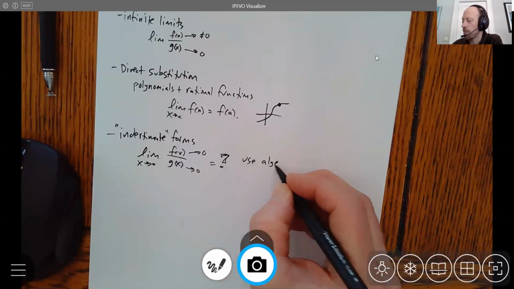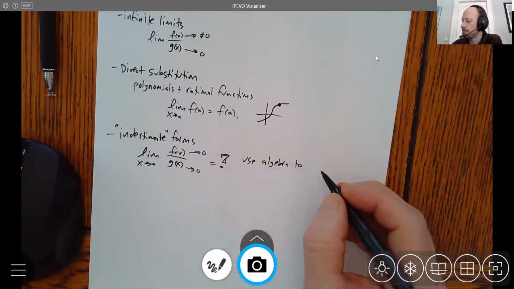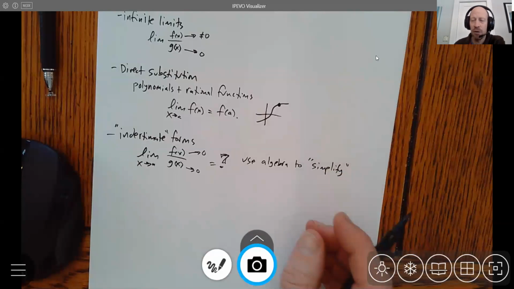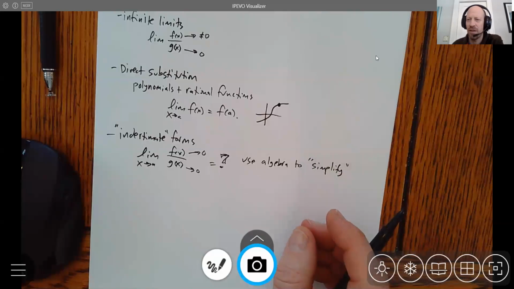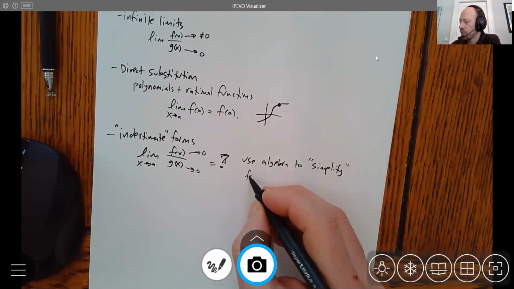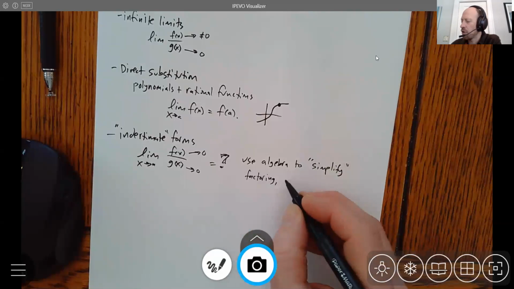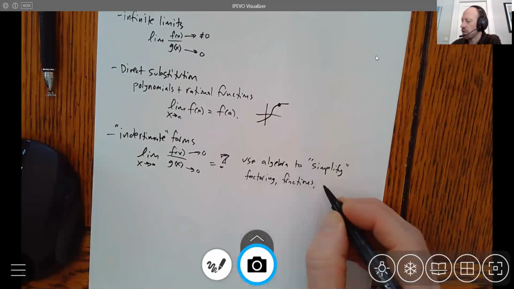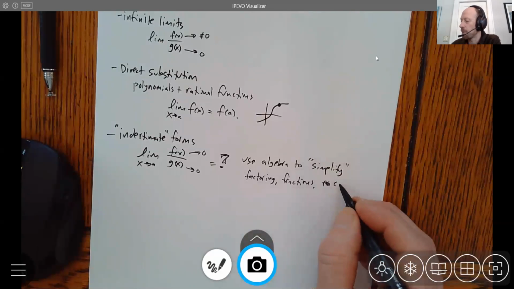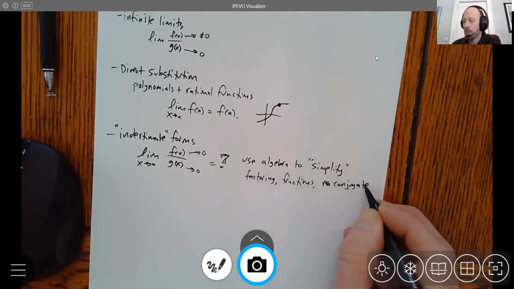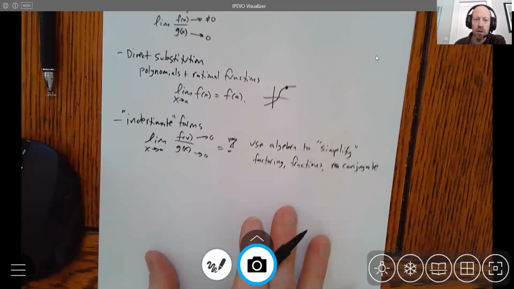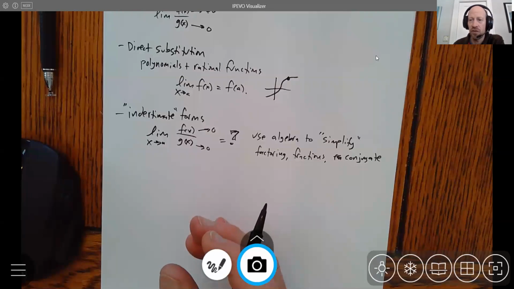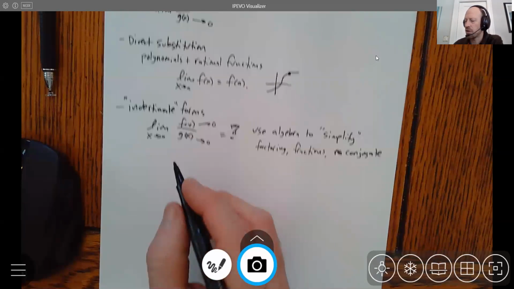So we want to use algebra to, I'm going to say simplify, although I'm putting that in quotes because the goal isn't always really to simplify it, but it's to cancel out that common factor, that 0 over 0. So you would have seen some with factoring, you would have seen some with fractions, would have seen some with the conjugate.